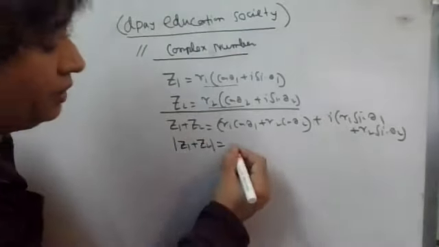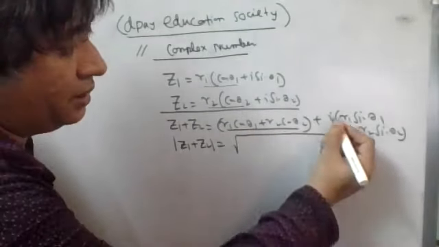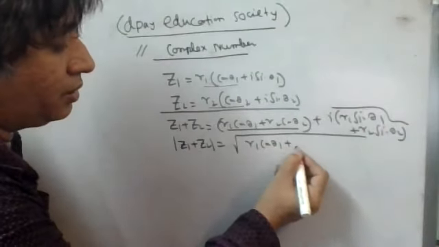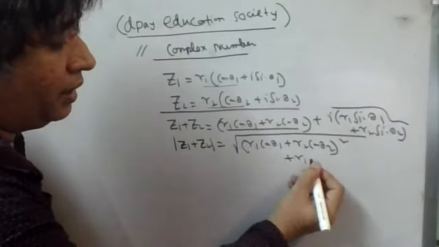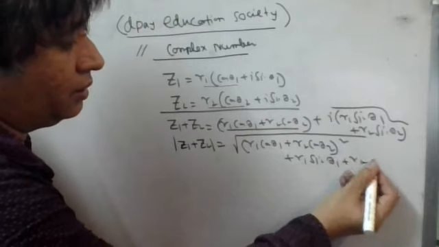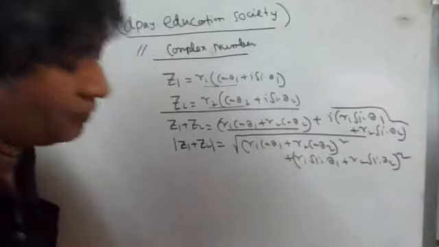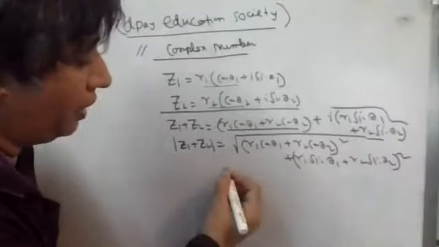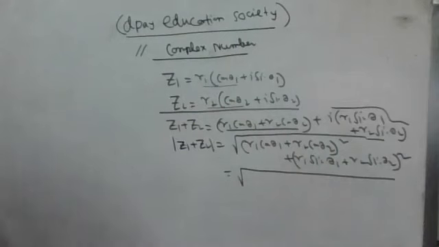Mod Z1 + Z2. That means this is considered as x and this thing is considered as y. So you write (r1 cos theta1 + r2 cos theta2)² + (r1 sin theta1 + r2 sin theta2)². Understand? Open the bracket with (a + b)².